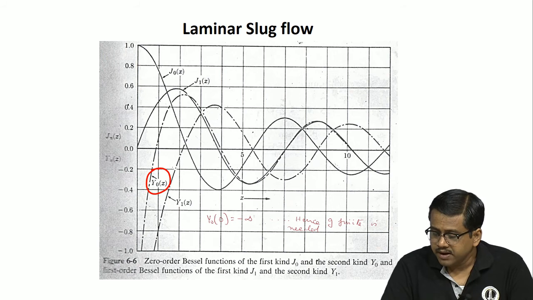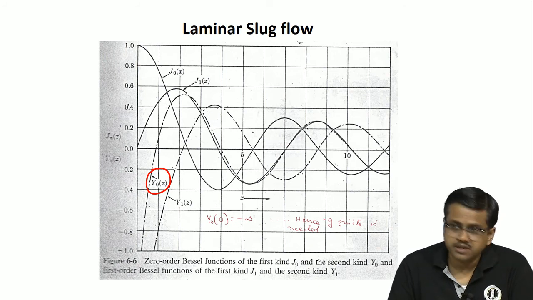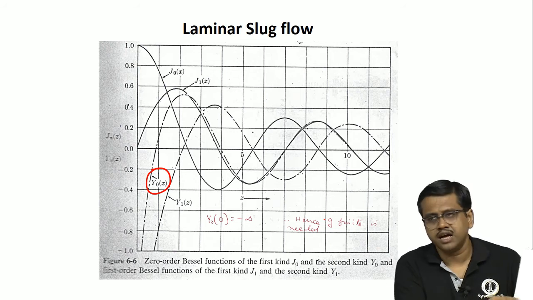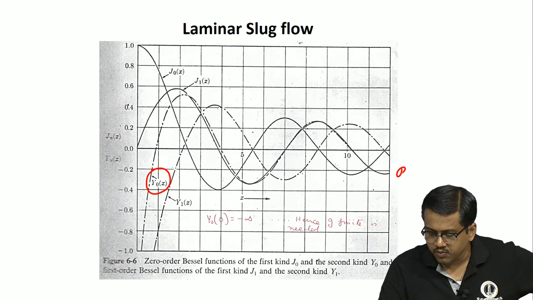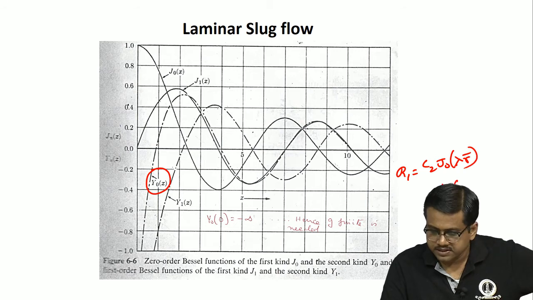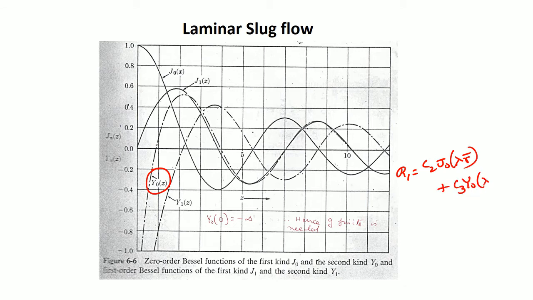But you know that your G, because R is a combination, if you recall what we did just now, you had R1 equal to C2 J naught of lambda r bar plus C3 Y naught of lambda r bar, correct. These are the two things that we had just now.